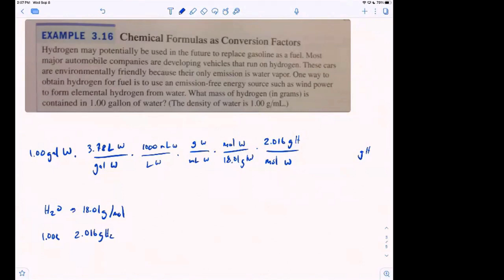So the percentage of mass is going to be 2 divided by 18, about 1/9. And 3.78 kilograms, so that's going to be about 400-ish grams. You do it that way, right? You said 1/9? Yeah.